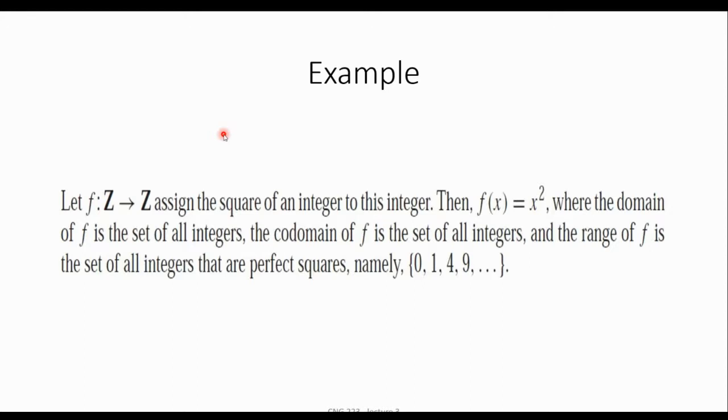We use all the elements inside the integers, then we will talk about the properties related to that. Now, if we define this function as f(x), which is our input, equal to x power 2, the whole thing here will decide our output. The domain of f is the set of all integers. Here we define it. This is our domain, which is all integers.